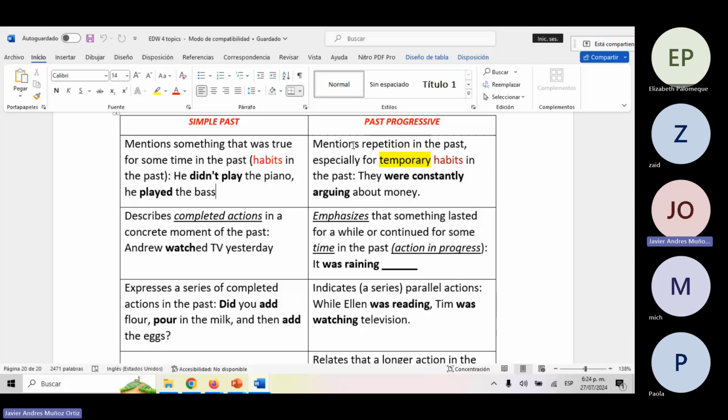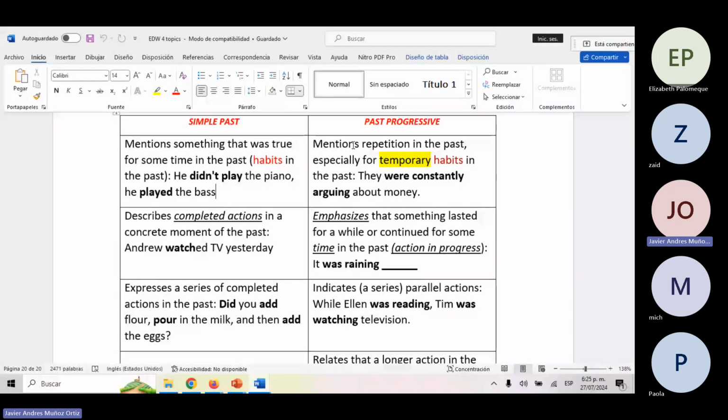But with simple past tense, this action lasted normally for a long period of time, but with past progressive tense, this habit lasted for a shorter period of time. Maybe one day, maybe 1 week, maybe 6 months, maybe 1 year, then that's too much.